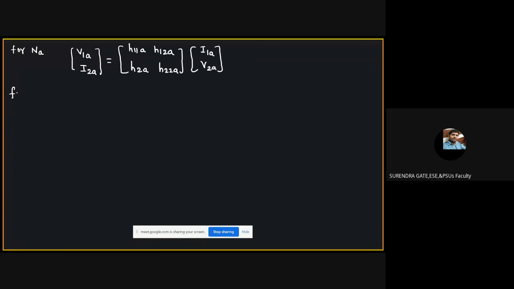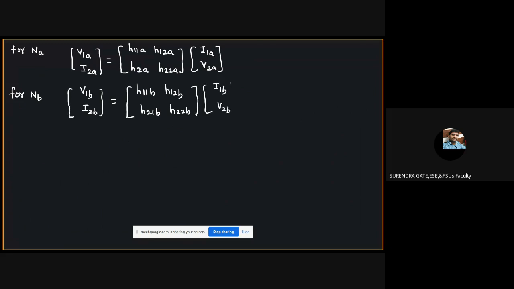What about network B, students? For network B, V1B, I2B is equal to the matrix H11B, H12B, H21B, H22B into I1B, V2B.